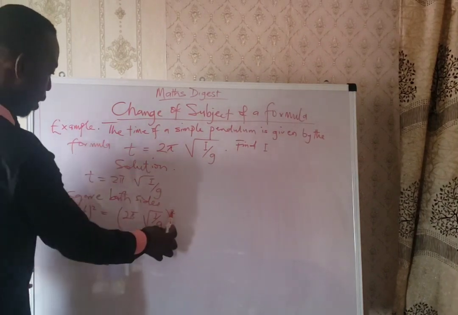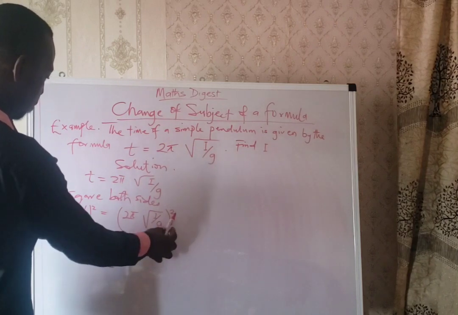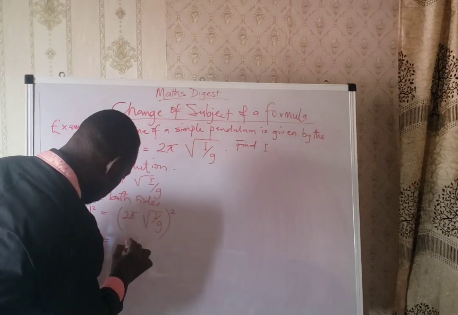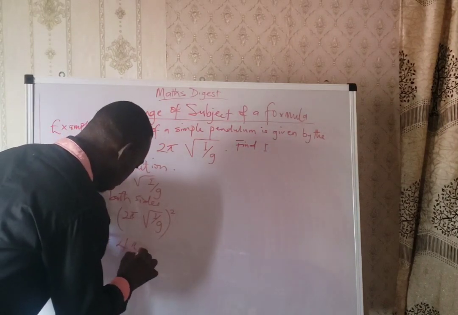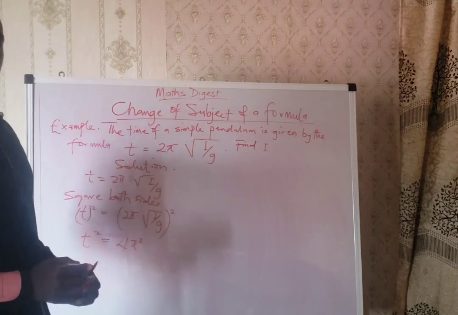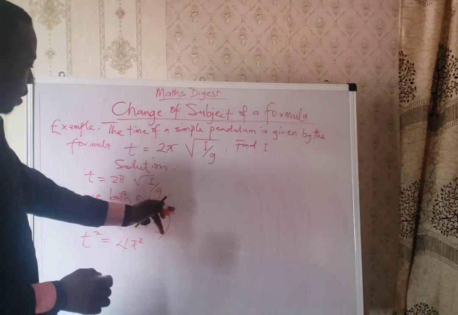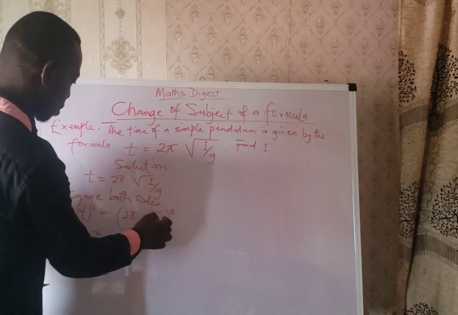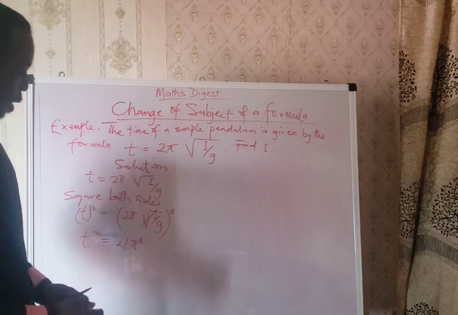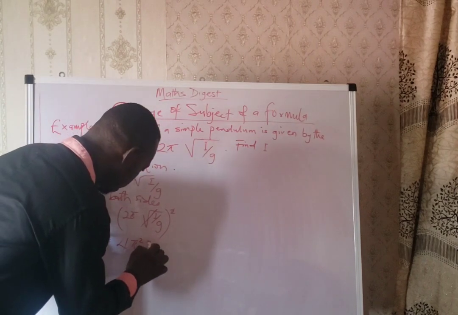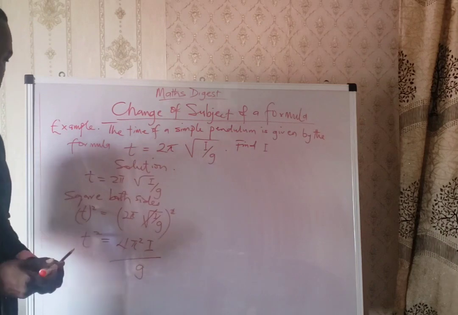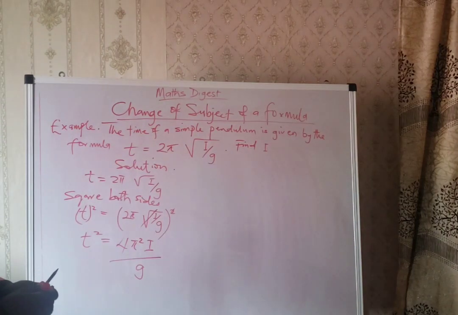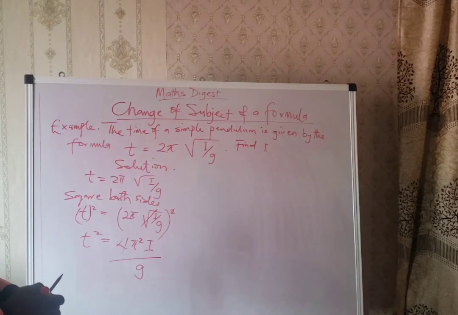Now, 2 squared is 4. Pi squared is pi squared. Now, this square will cancel the square root here. We have l over g.